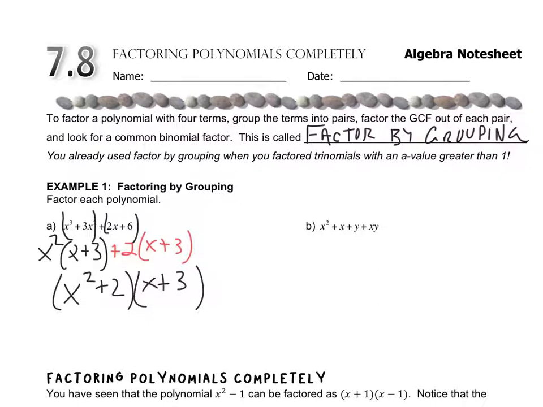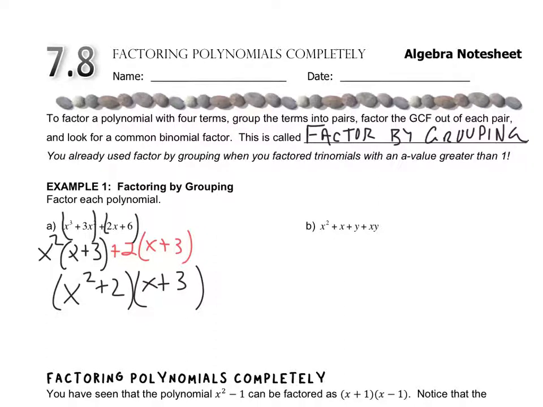Well, there's nothing in common between x squared and 2 that I could remove. This is not a perfect square binomial. This is also not a difference of 2 squares binomial. So there's nothing I can do with either of those. So this would be what we would call factored.